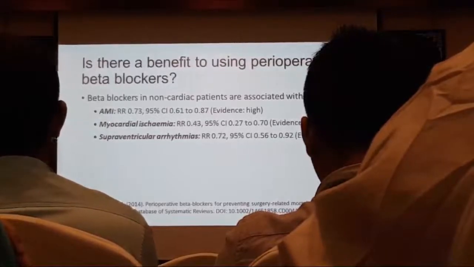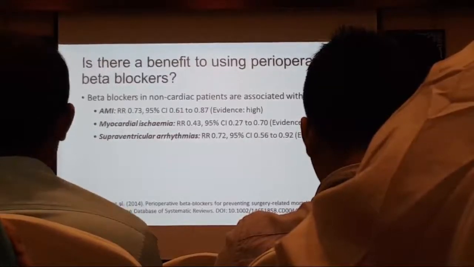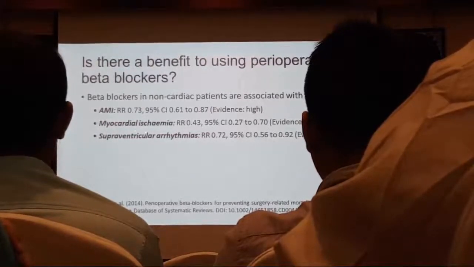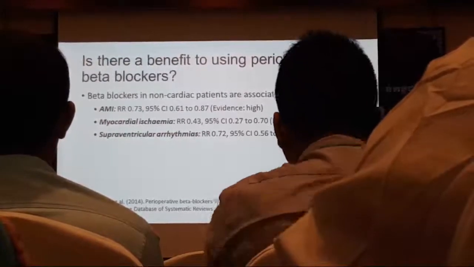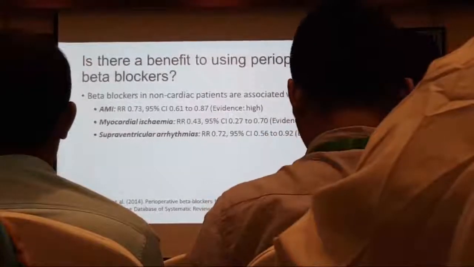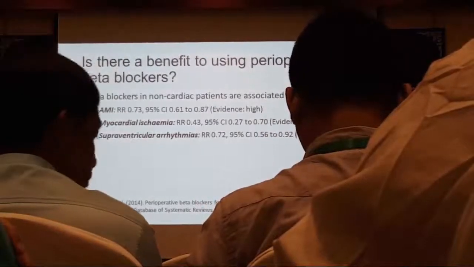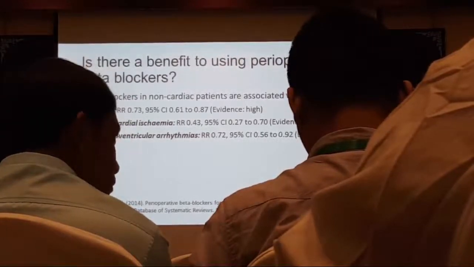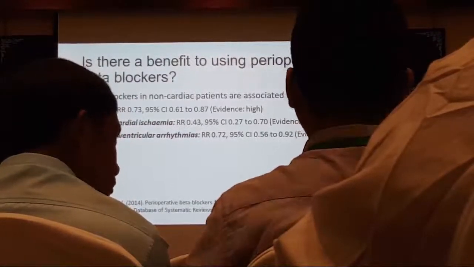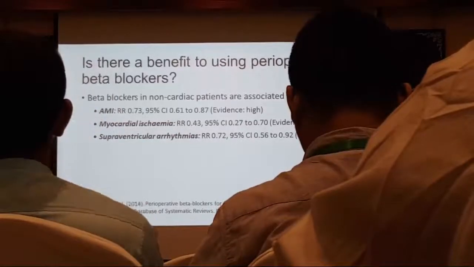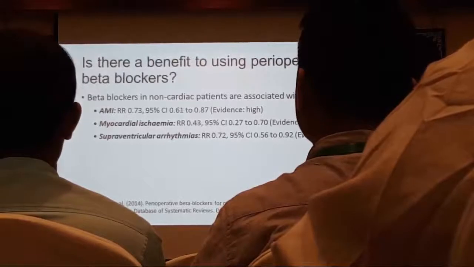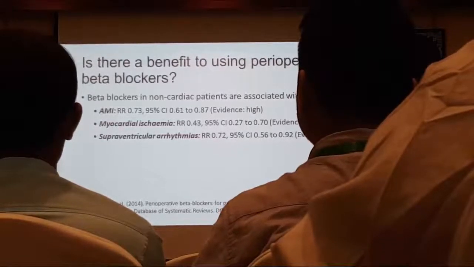Acute myocardial infarction decreased with the use of beta blockers, and it was statistically significant, as was supraventricular arrhythmia. I think you have to give it some thought. When I first started in anesthesia many years ago, we gave beta blockers to many of our patients. Now we are much more selective about the type of patients that we give beta blockers.